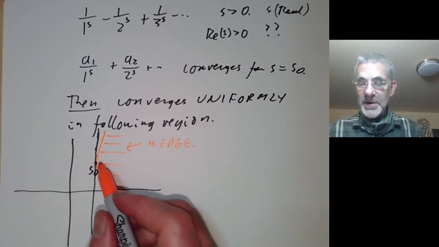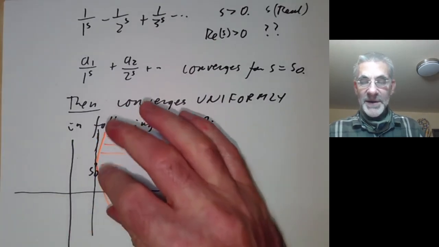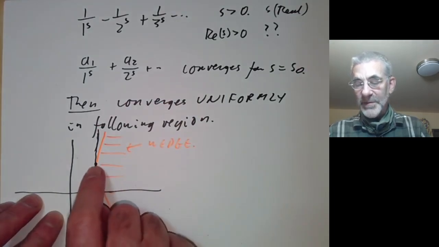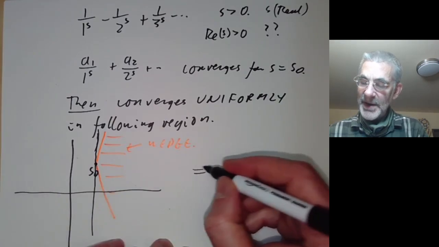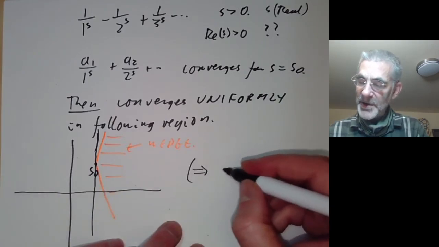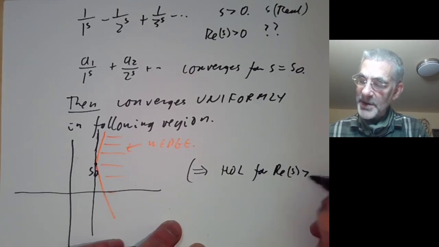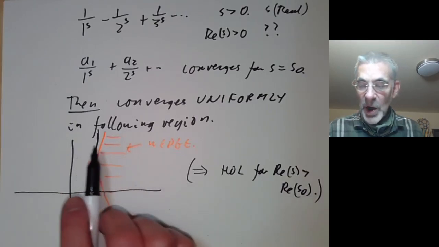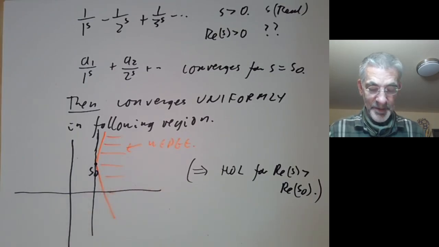And we're going to show that it converges uniformly in this wedge. And we can make these wedges as close as we like to the region where the real part is greater than s0. So this implies that the function is holomorphic for the real part of s greater than the real part of s0. So it will converge in the open half plane to the right of s0 if it converges at s0.